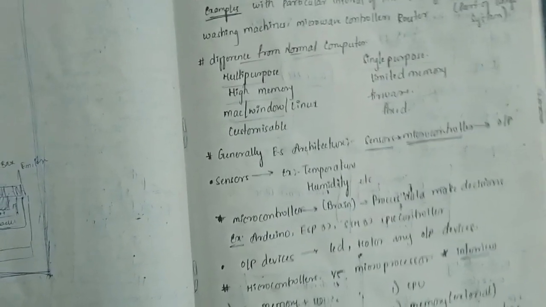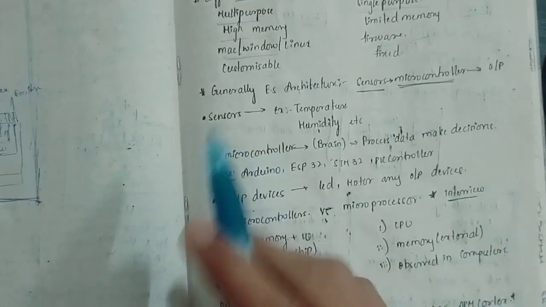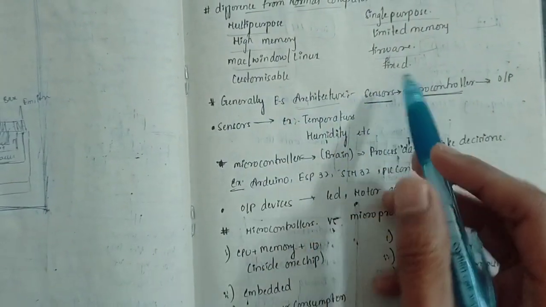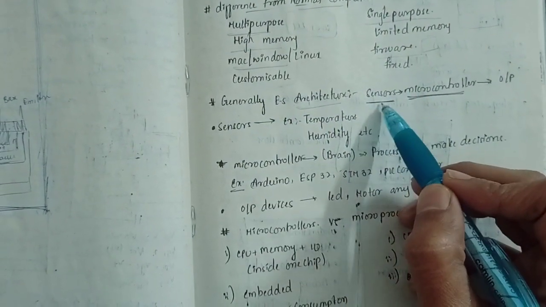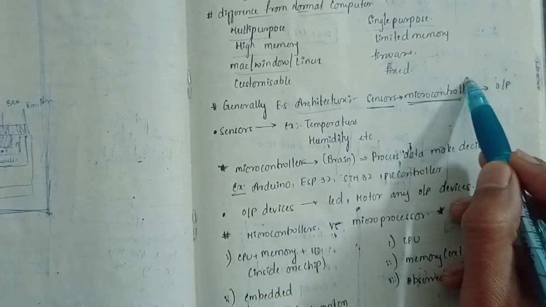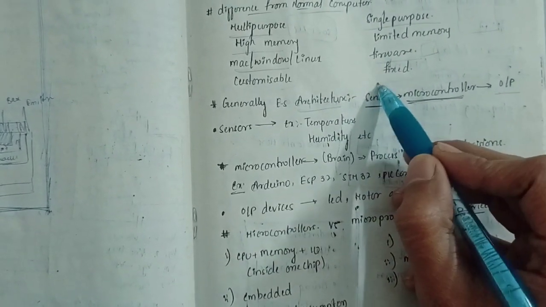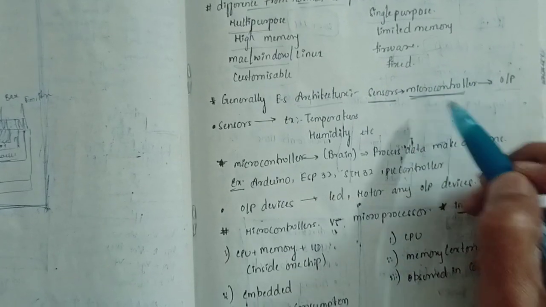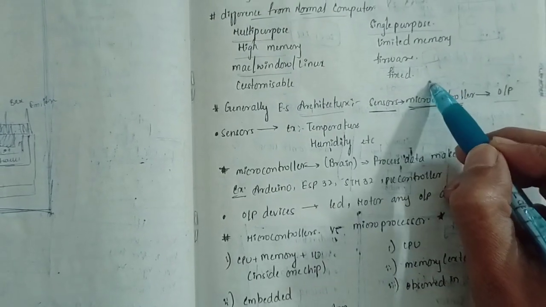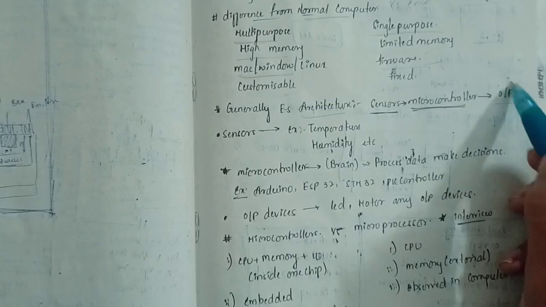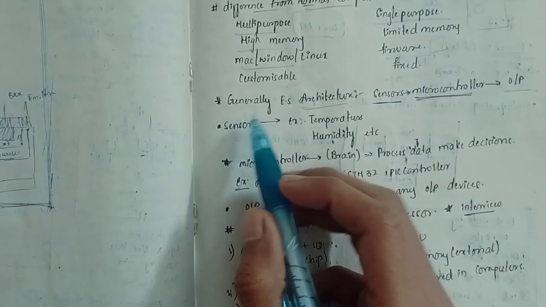That's okay about embedded systems, but what's the architecture? The architecture goes like sensor, microcontroller and output. Sensors are the input, the microcontroller is the brain of the system, and we get the output.